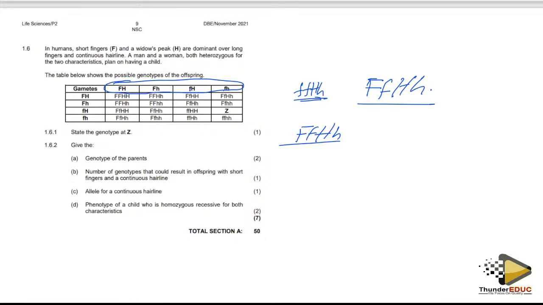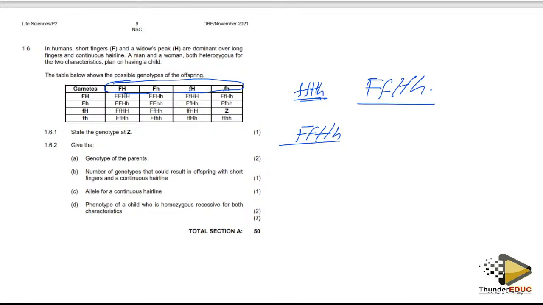You see, this is caused by a dominant allele, meaning that these are recessive alleles. So please do not write 2. It's supposed to be 1, because here they're saying allele. Phenotype of a child who is homozygous recessive for both characteristics.